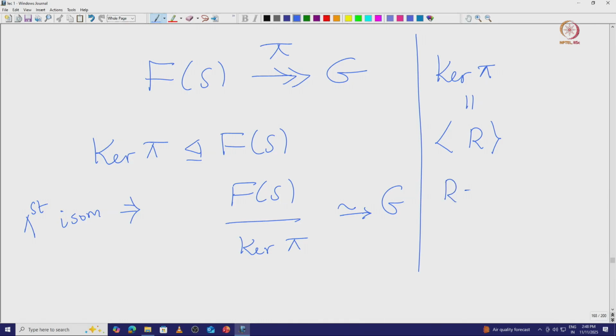So, where R is some set of elements. So, let us call them some R1 etcetera, some Rm.